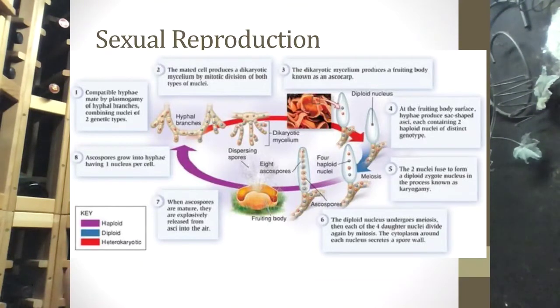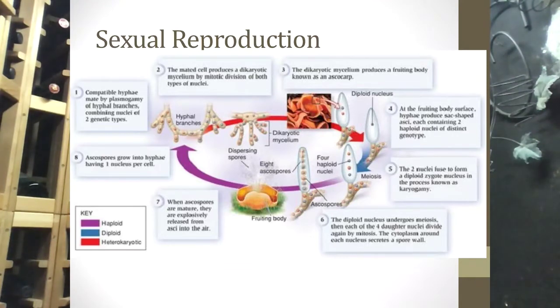The tips will fuse by plasmogamy, and that combines the nuclei of the two genetic types. The haploid nuclei will be inside of there. When you remember from the earlier video, when two haploid nuclei occur inside of one cell, we call that dikaryotic.